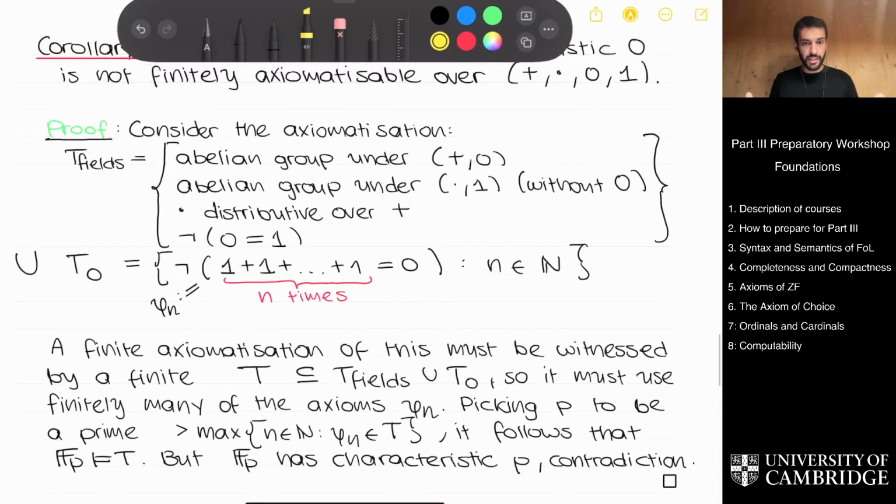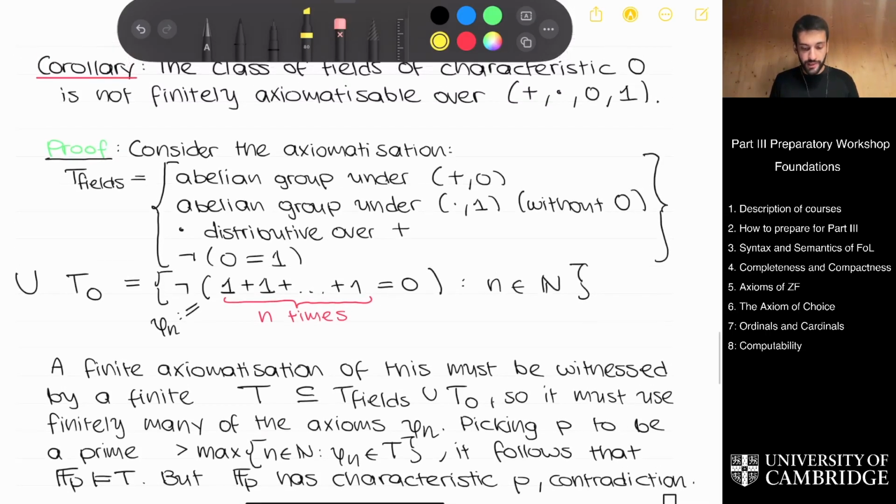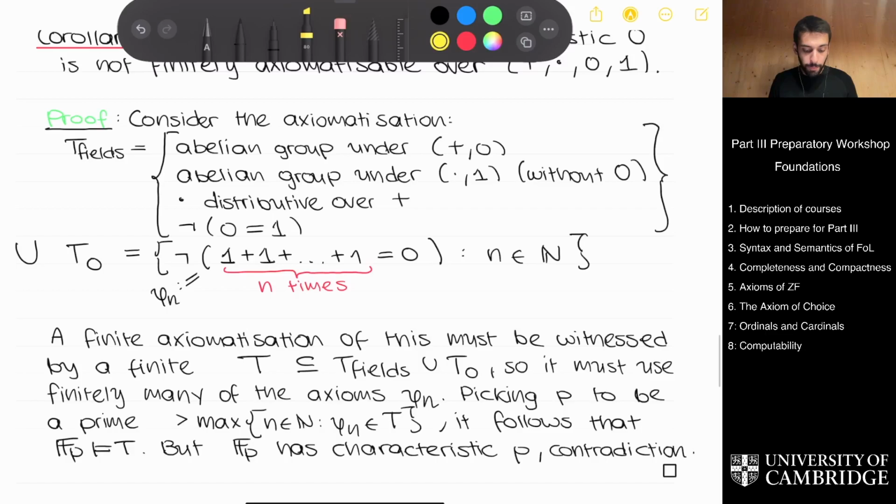Okay, but now the proposition that I gave to you before would tell us that if there was a finite axiomatization of the class of fields of characteristic 0, it would have to be a finite subset of the axiomatization I gave you just before. But notice the following: any finite subset of this can only contain finitely many of these sentences phi of n.